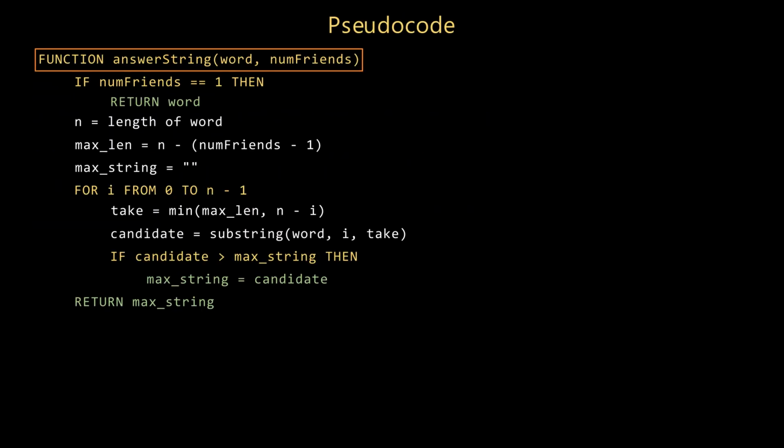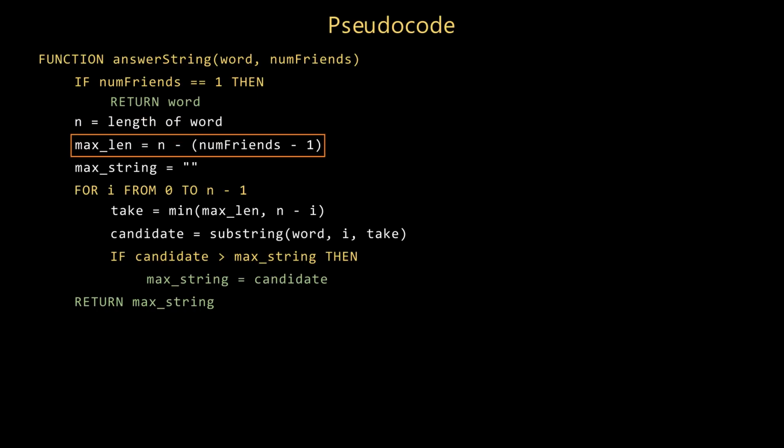Function answerString takes word and numFriends. If numFriends equals 1, take the early exit. Return the whole word unchanged. Set n to the length of word. Max len is n minus (numFriends minus 1). Start max string empty.